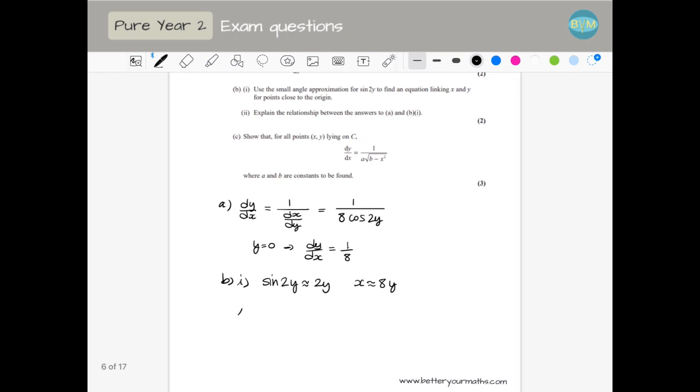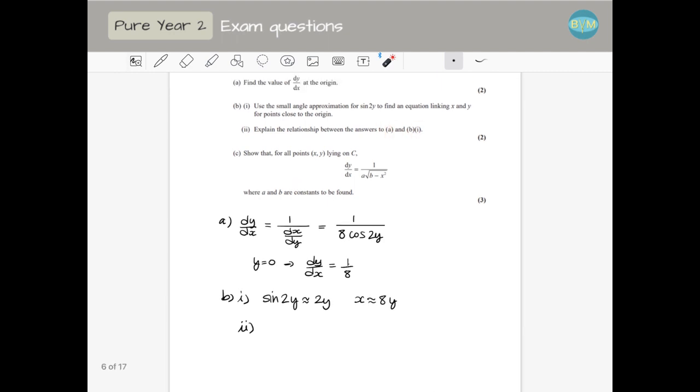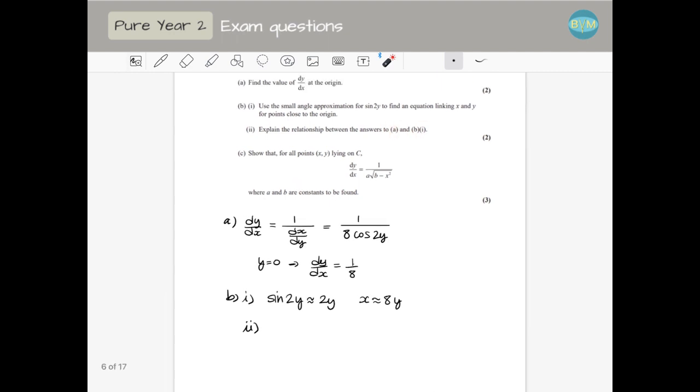And the second part says explain the relationship between the answers to A and B(i). So you see that when the angle is small, we can approximate the curve, so our equation, by this straight line. And the derivative is this one. This one is the gradient of this line.